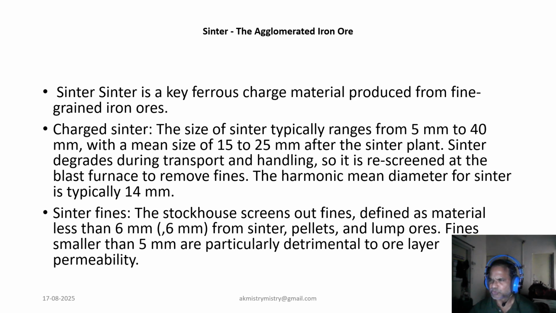However, sinter is prone to degradation during transport and handling, so it's rescreened at the blast furnace to remove fines before charging. These sinter fines are defined as material less than 6 mm. It's particularly important to control these, as fines smaller than 5 mm are especially detrimental to ore layer permeability.